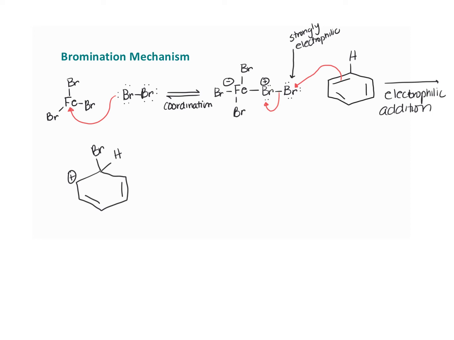Now, what happens here, and I am going to shorten those 3 bromines to be Br3FeBr, and it still has a negative charge. The bonds that make up this iron-bromine bond come here and they attack that hydrogen, and then those electrons go around here to form a double bond through an electrophile elimination.